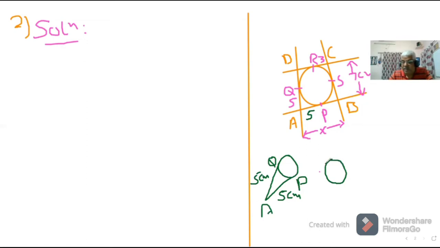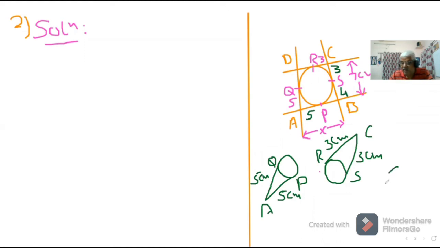Okay, next observe RC and SC. This is R, C, S. They have given 3 centimeter, which means this is also 3 centimeter. Again, the tangents drawn from the external point are equal. Next, same procedure: 7 minus 3 gives you how much, dear children? 4 centimeter.